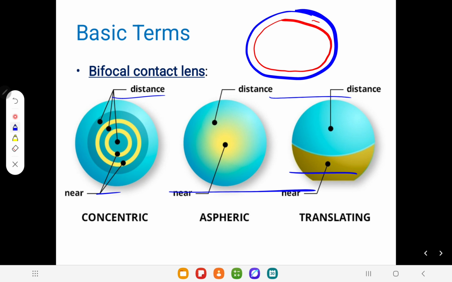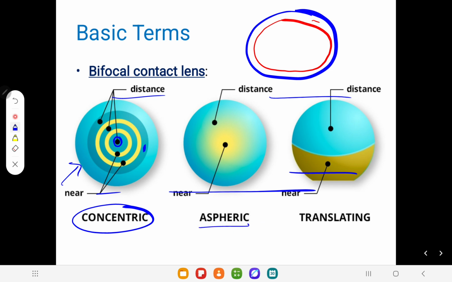So there are three designs in bifocal. Yes, the first design is concentric design. What do you mean by concentric? In this picture the yellow means near power and the other color means the distance power. Just remember the yellow and the other color, yes, are commonly centered in one center, which is this. That's why it's called concentric.